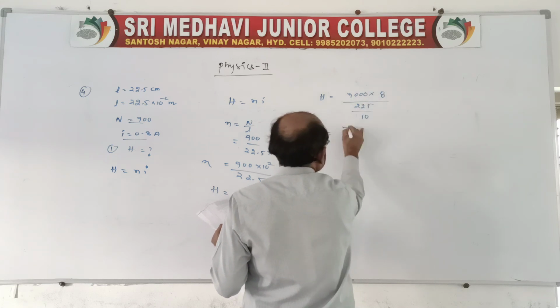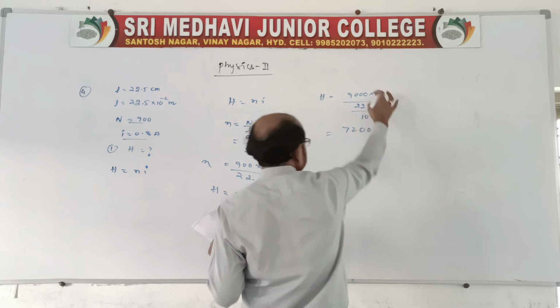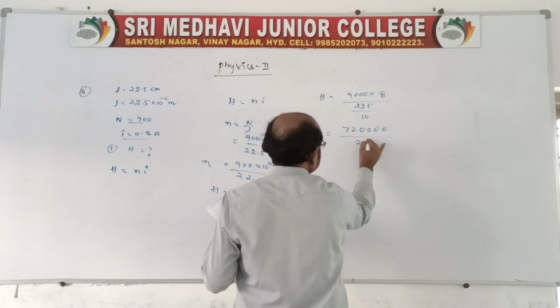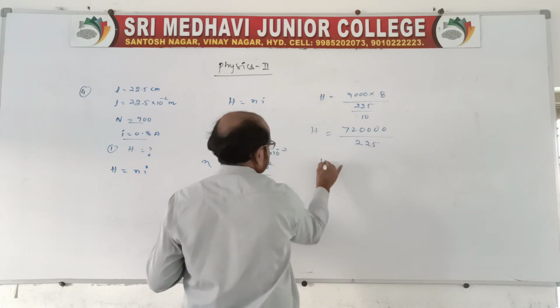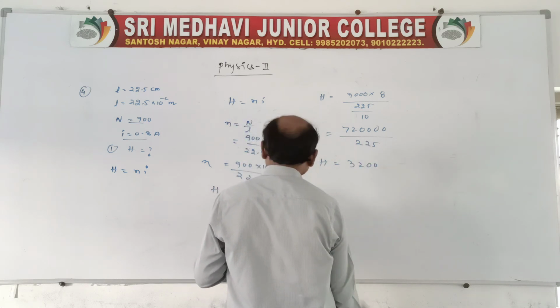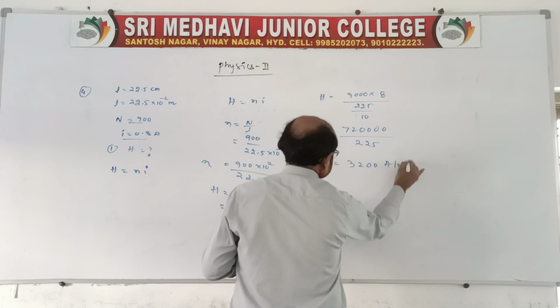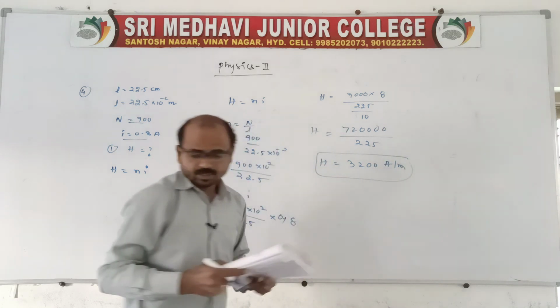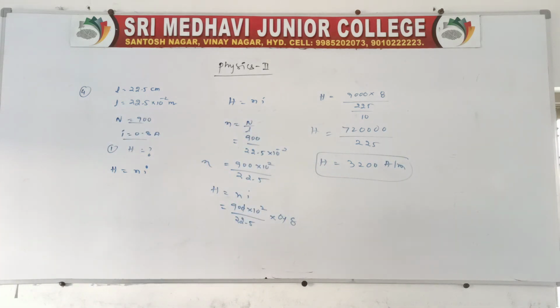So 9 8s are 72. This 0 will come up, and 2 to 5. So better you do this; approximately we may get 3200 ampere per meter. This is the question related to capital H.